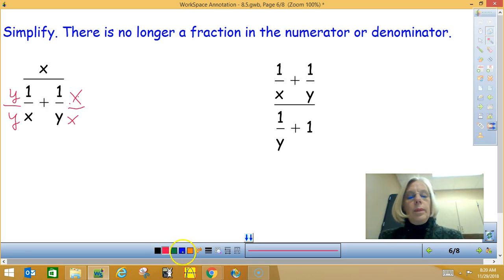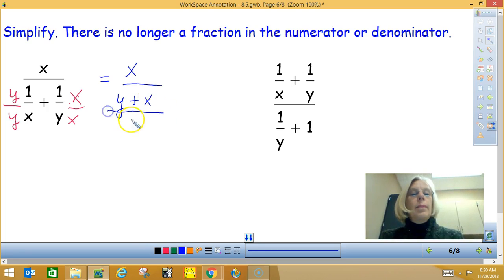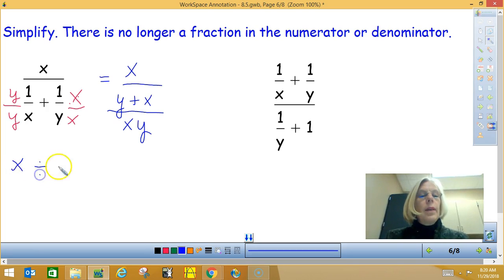So now my numerator is x, my denominator is y plus x over xy. So I have x divided by y plus x over y.